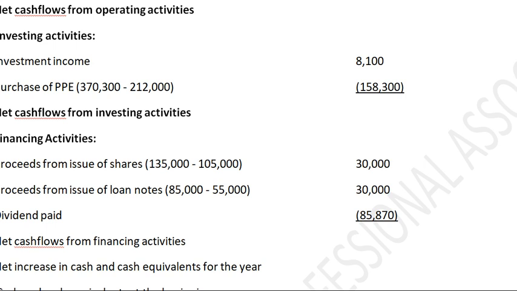How you will know is this: when the opening balance is lower than the closing balance, there is a purchase. If the opening balance is 10 and the closing balance is 15, you will know that that is a purchase. There is an addition of PPE or non-current asset during the year.